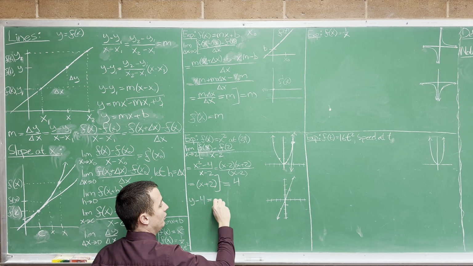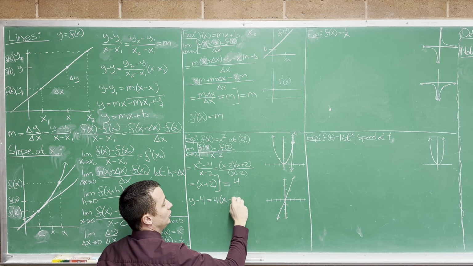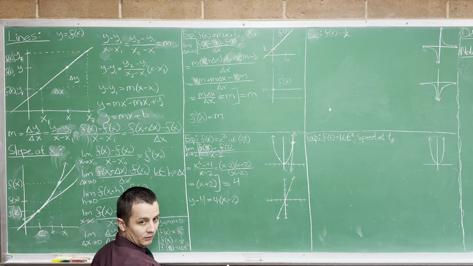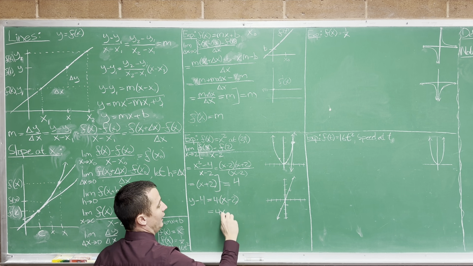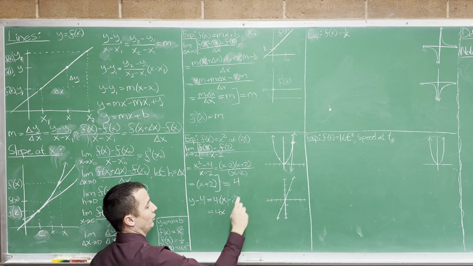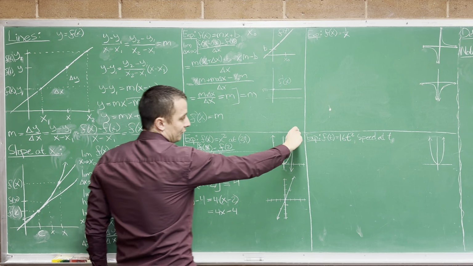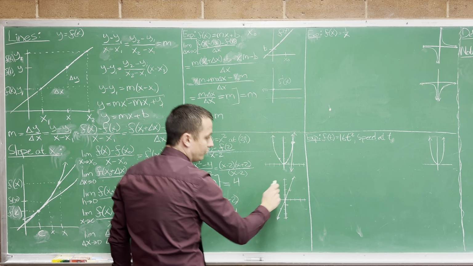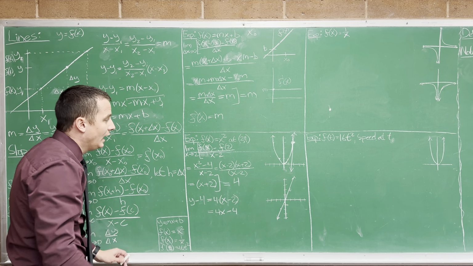That's what we were just solving. 4 times x minus 2. And then you solve it out. Whatever it comes to is whatever it comes to. Well, we can just do it real quick. It's going to be equal to 4x, and 4 times negative 2 is negative 8, plus 4 is going to be negative 4. So if we were to graph this thing correctly, it would cross down here at minus 4, and this line should have a slope of 4. So that was finding the tangent at that point.